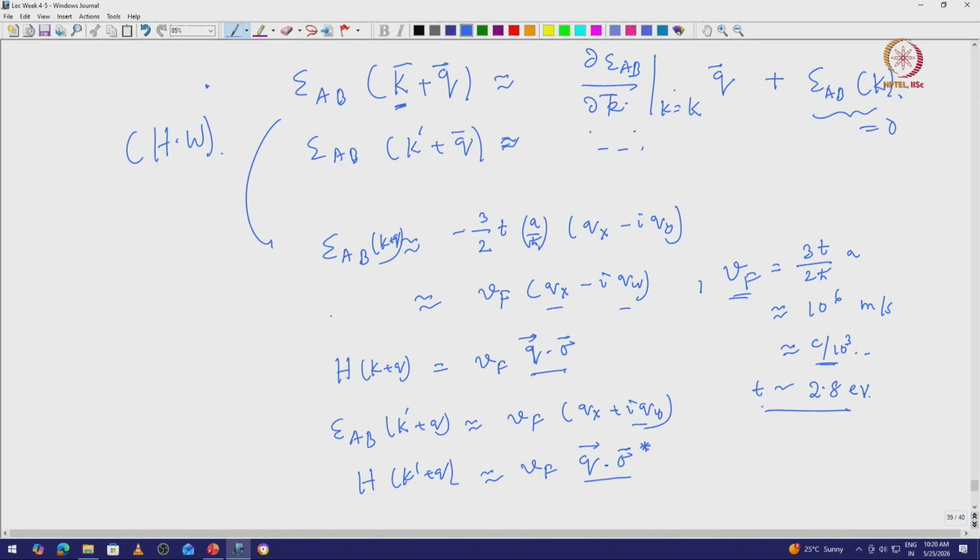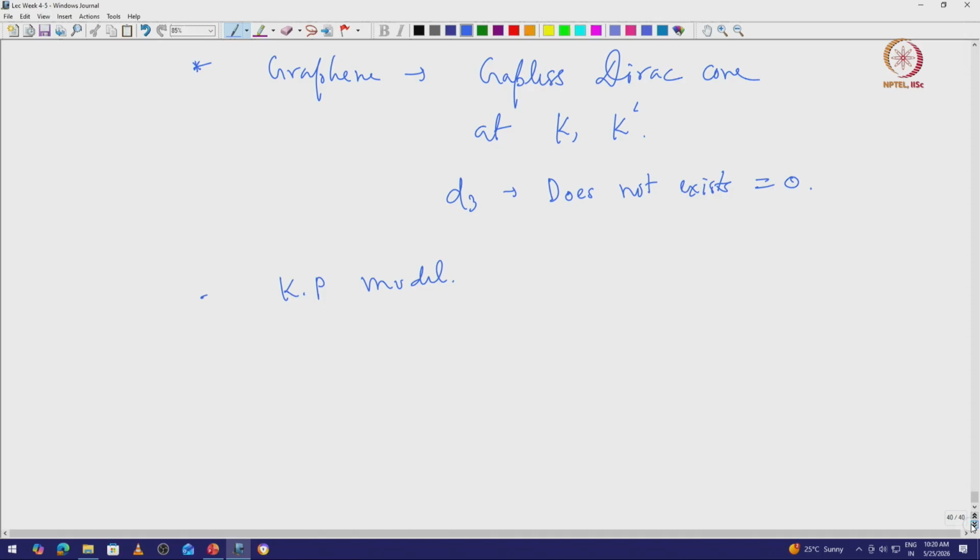So, they are sort of going in different directions along ky, which is called chirality. So, we have two chiral states, and this k and k prime are also called the valley degrees of freedom.